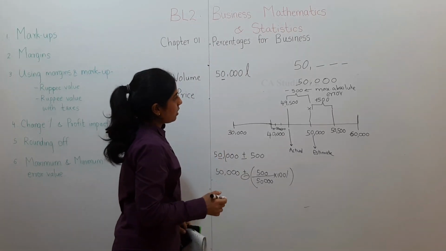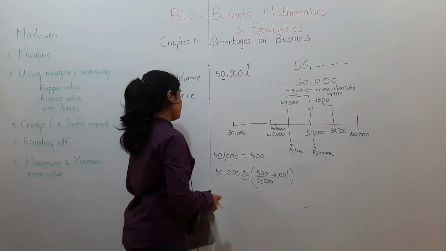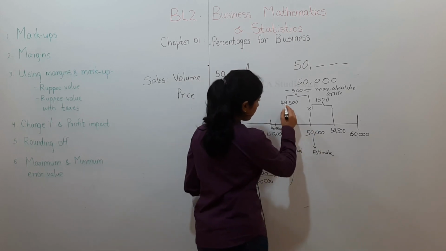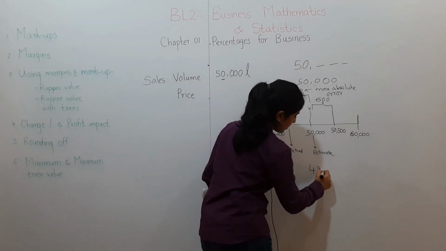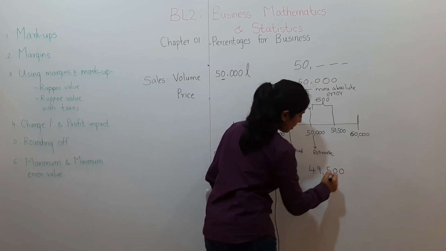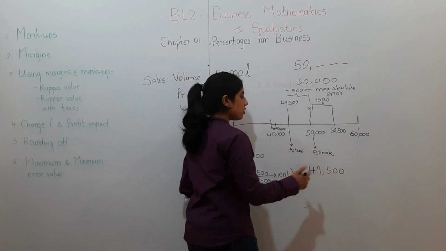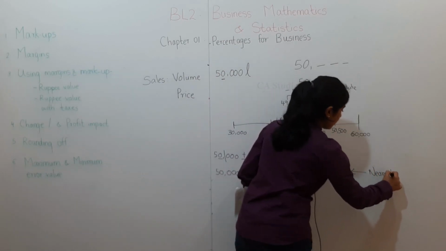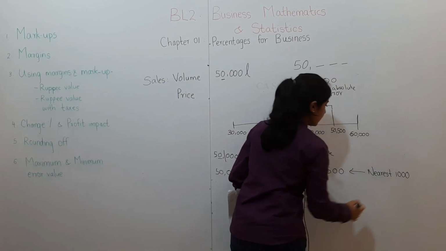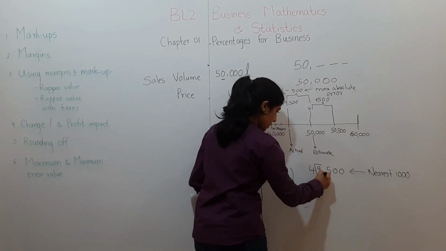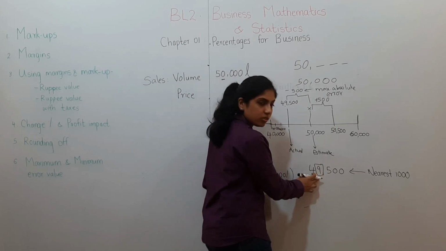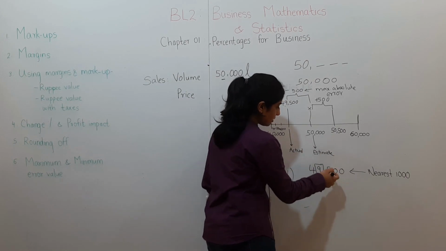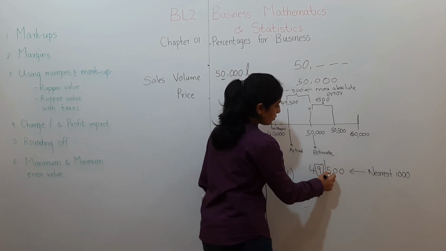Alright, so in this case, if you round off 49,500, what's the answer you will get? Now, you are saying round off to the nearest thousand, okay, nearest thousand. Then you will select this as my number because this is in the thousandth place. Then what is my next number after that place value? It is 5.